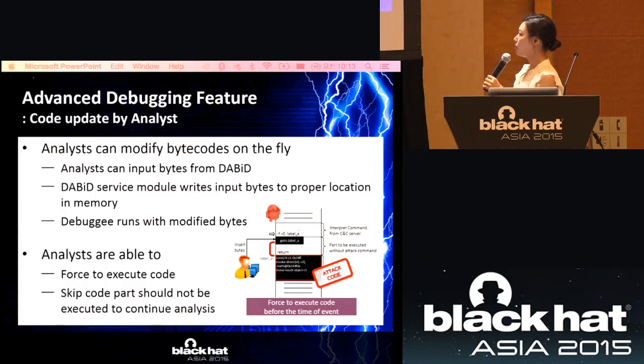So analysts are able to skip code by inserting goto instructions, and can also skip code parts by inserting nop instructions, for parts that should not be executed to continue analysis, such as code disrupting the debugger or sending information to a command and control server.